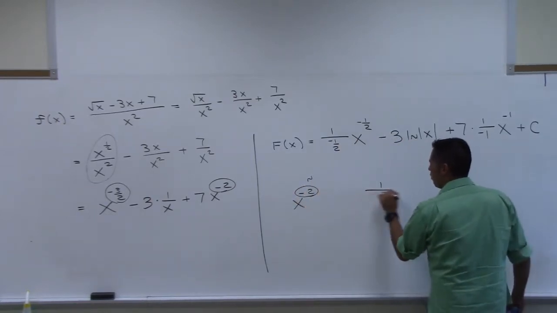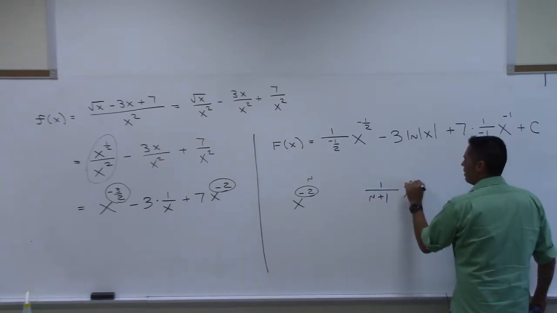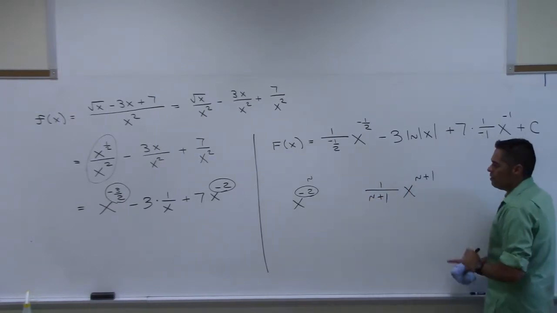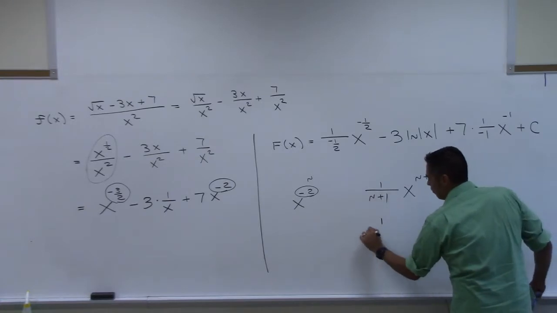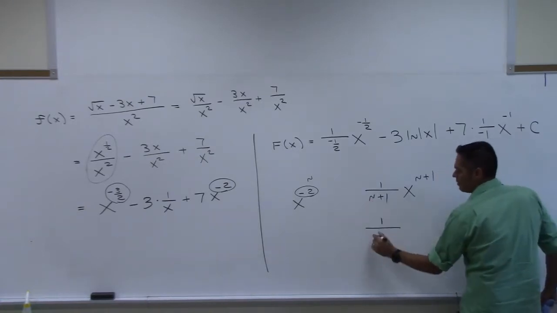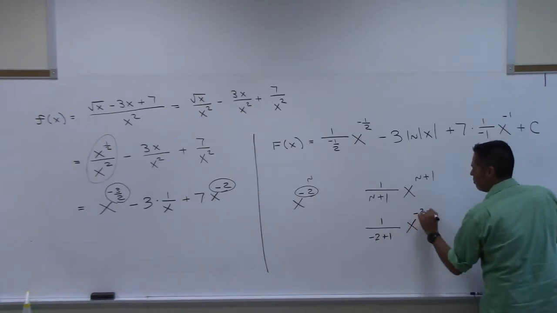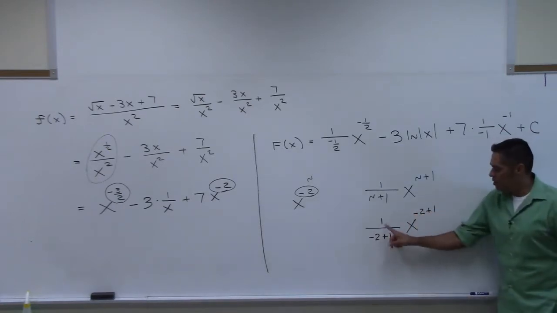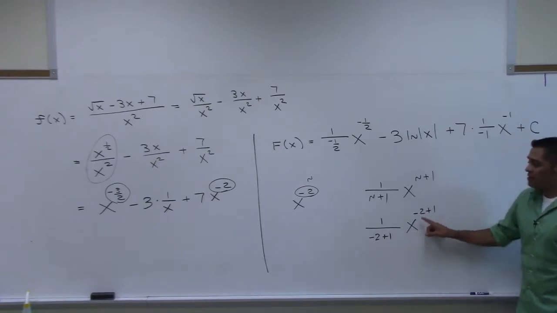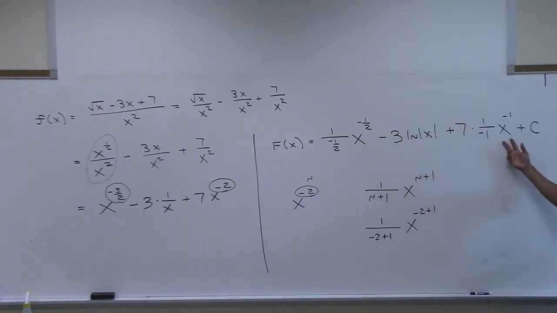And I'm going to use the formula 1 over n plus 1, x to the n plus 1, right? So n is negative 2. So let's just write this formula. 1 over negative 2 plus 1, x to the negative 2 plus 1. So this is 1 over negative 1, x to the negative 1. That's this. Got it? Okay.